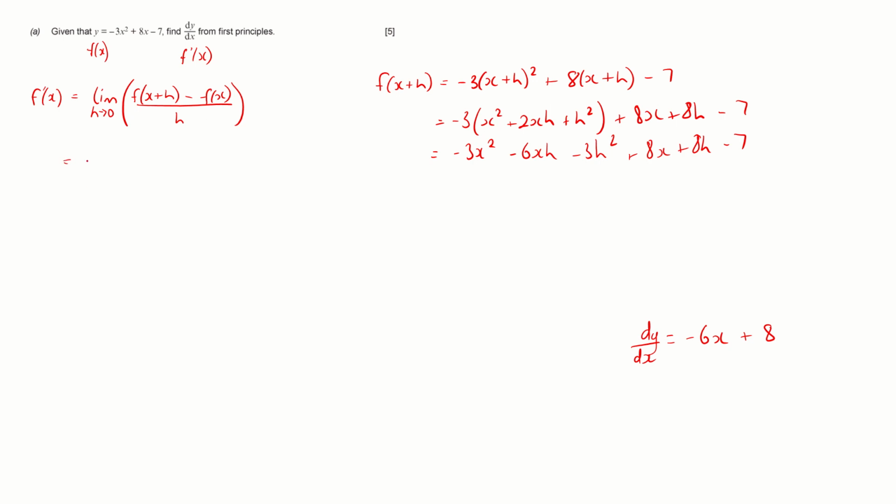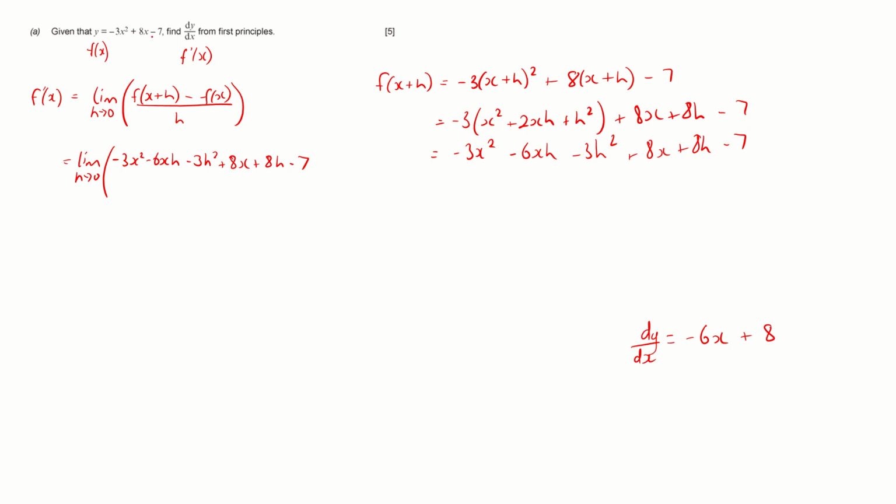So this is the limit as h tends to 0 of, now f of x plus h, this is this entire thing I just worked out over here, minus 3x squared minus 6xh minus 3h squared plus 8x plus 8h minus 7. Take away f of x.